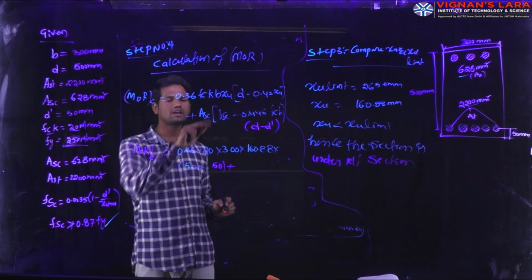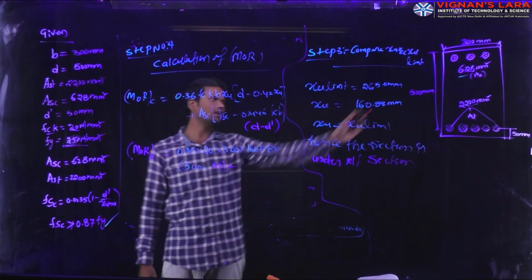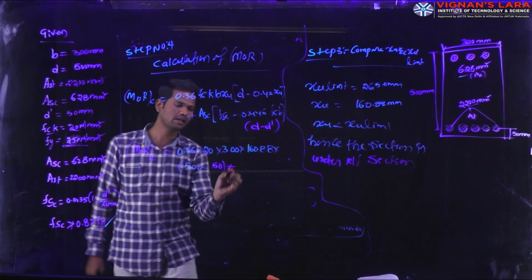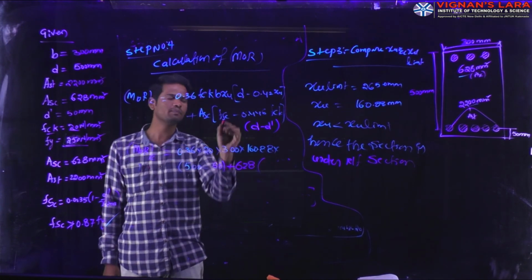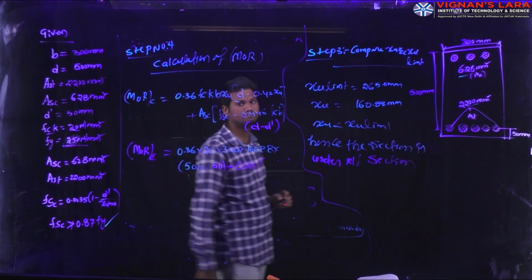Next we have the ASC value, the area of steel in the compression phase, given as 628 mm square. That is nothing but 628 into FSC value.